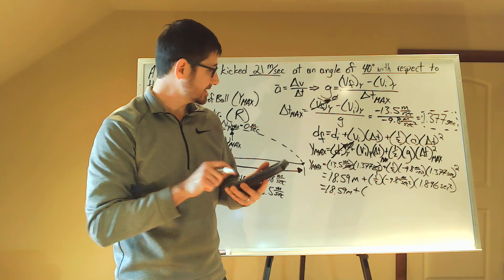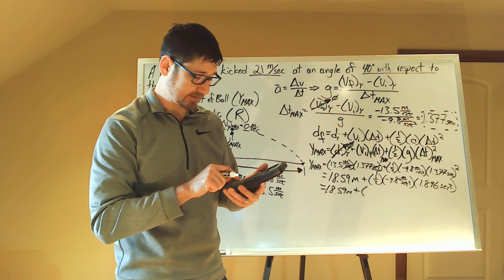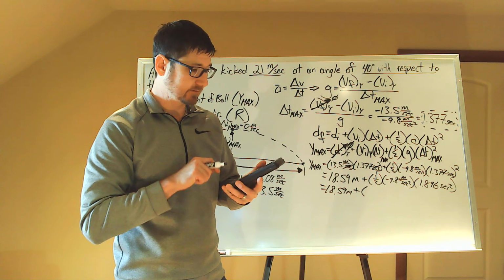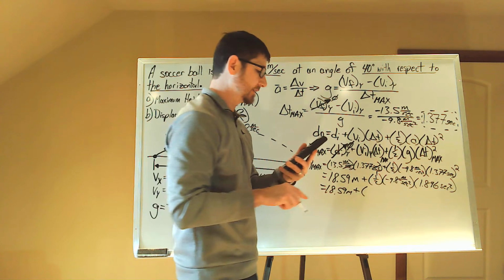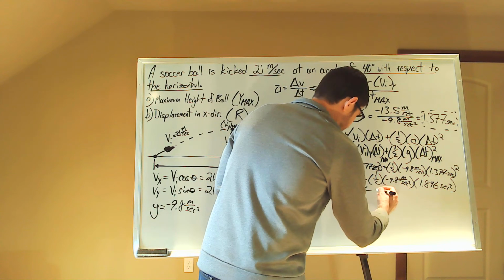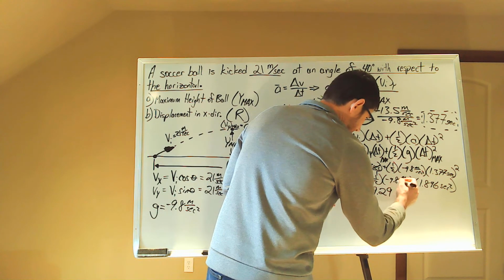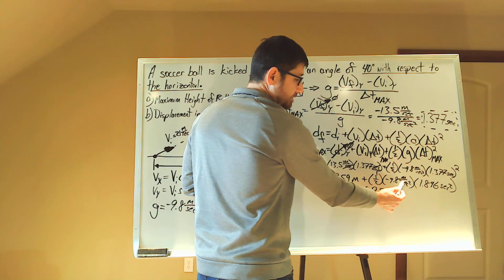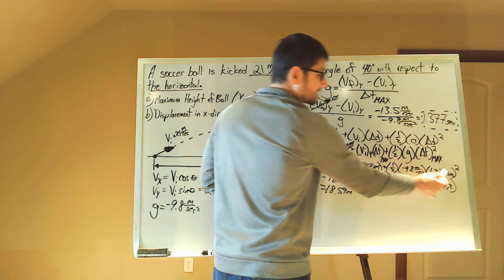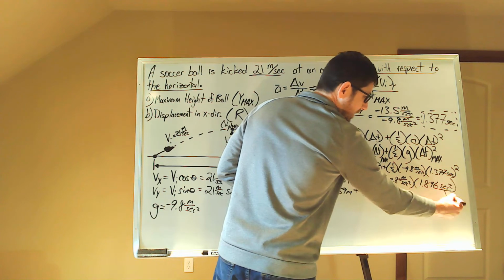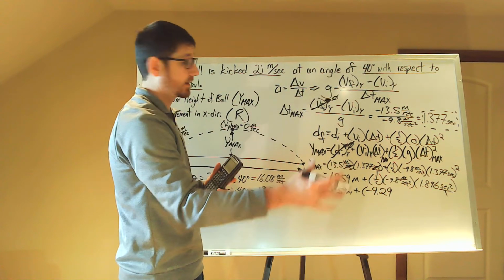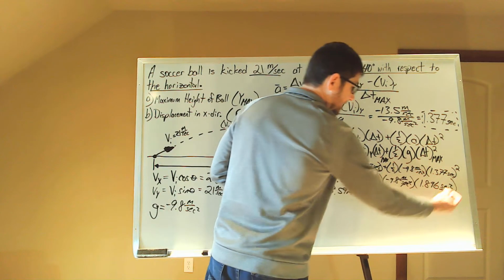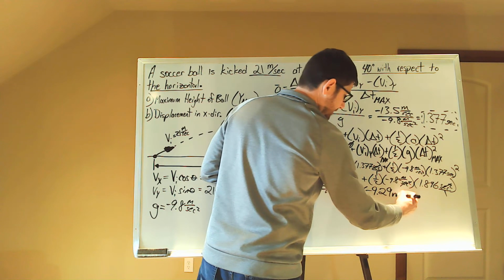So that times 1.896 is going to give us a negative 9.29. And we're going to have units of meters. Right here we have meters per second squared times second squared, and we can write that as second squared over 1. Our units of second squared will cancel.